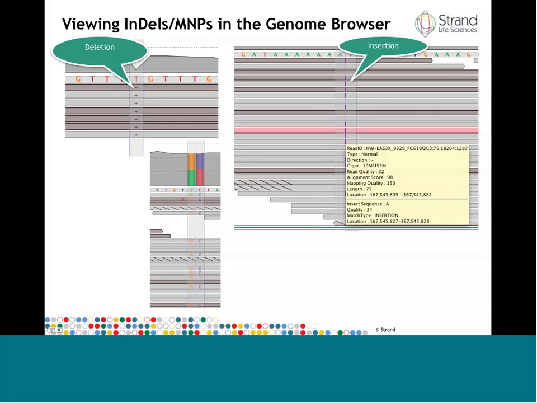Between the A and the T, there's a little character. If you mouse over that character, it will tell you what the insert sequence is. It's an A, and it's indicated by these violet little bars. And likewise, out here you see a multiple nucleotide polymorphism. That's two or more variations that come together, in which case we combine them and report combined genotype calls for all of those locations.